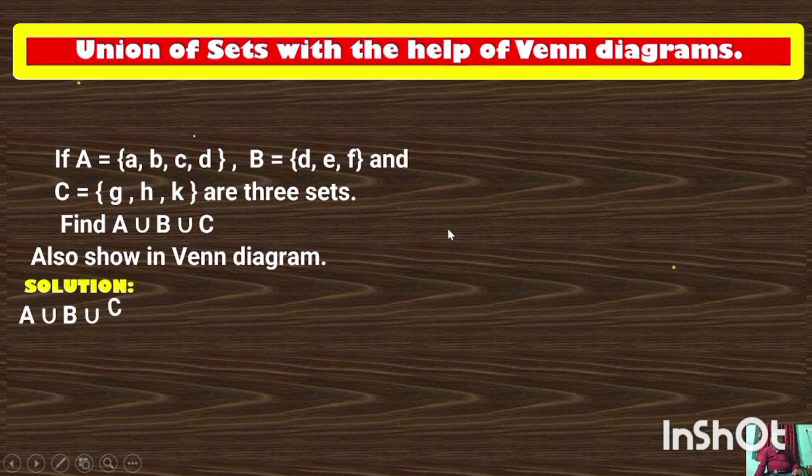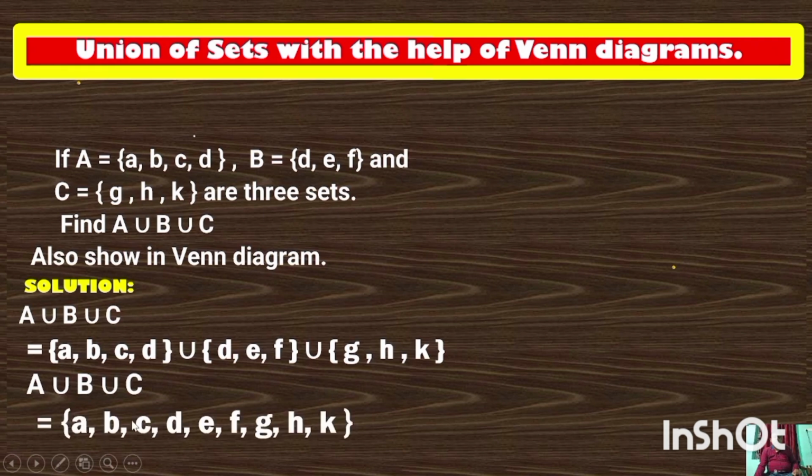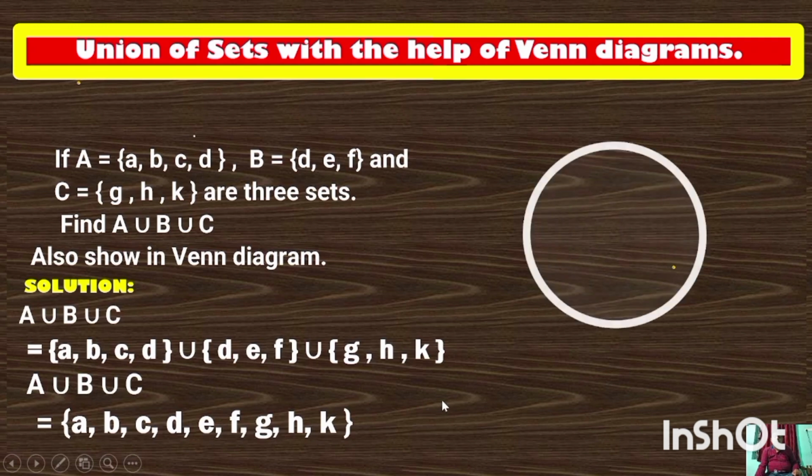Let's see the Venn diagram here. Understand? Here by A union B union C, what are the elements? A, B, C, D, E, F, G, H, K. And look at the Venn diagram here.